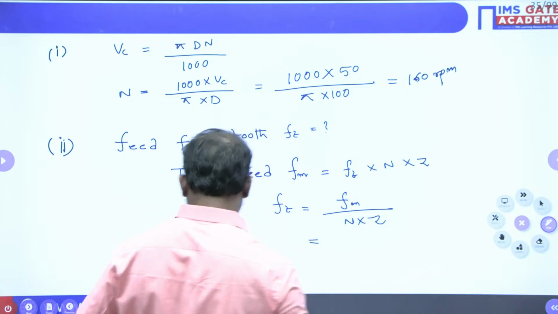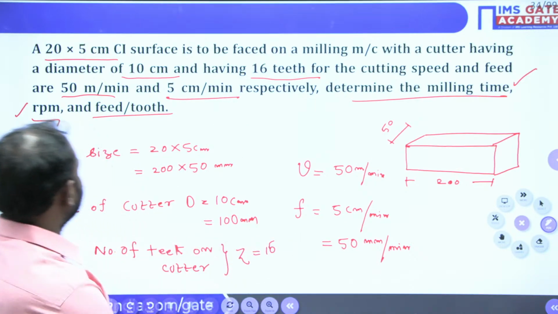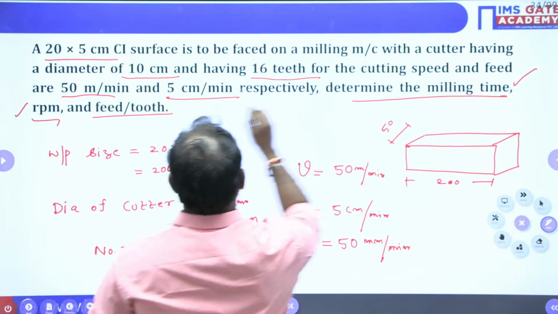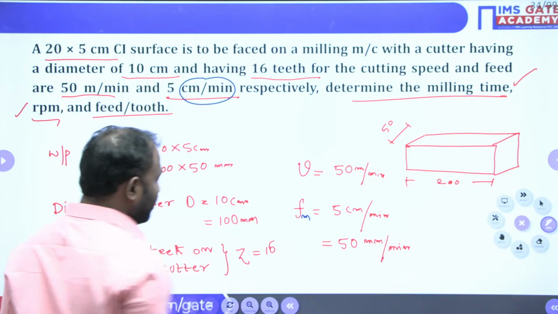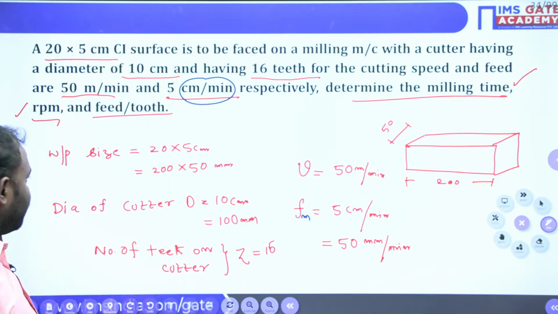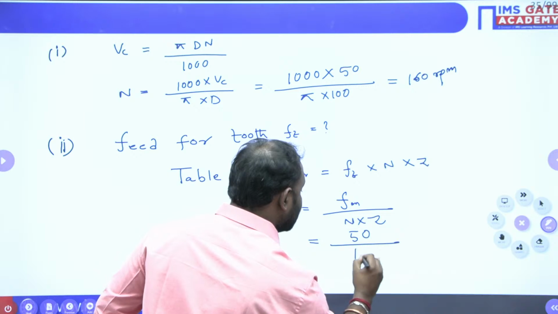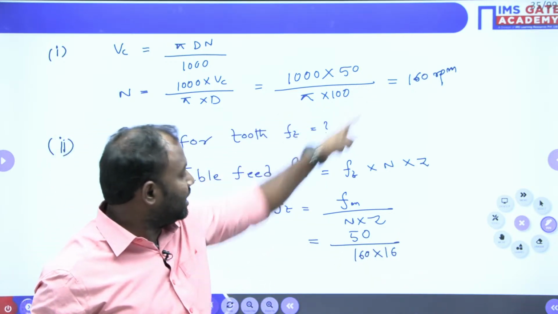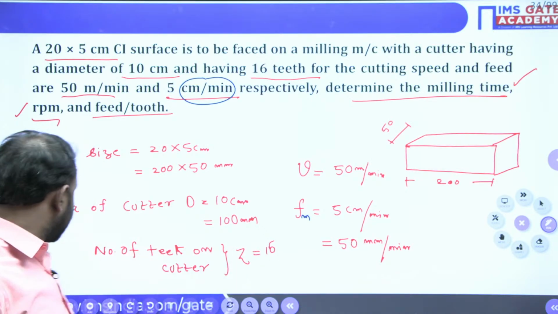Now FM is how much? Table feed is given as 50 centimeter per minute, that is FM. So it is 50 divided by 160 into 16, where RPM is 160 and the number of teeth on the cutter Z is 16.